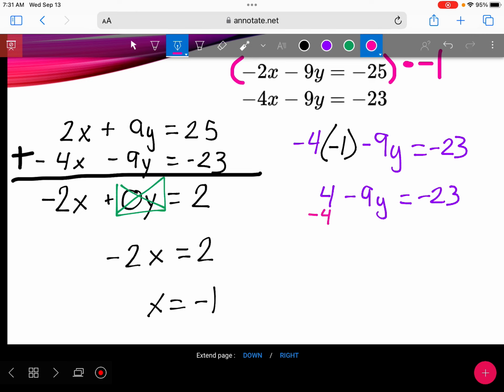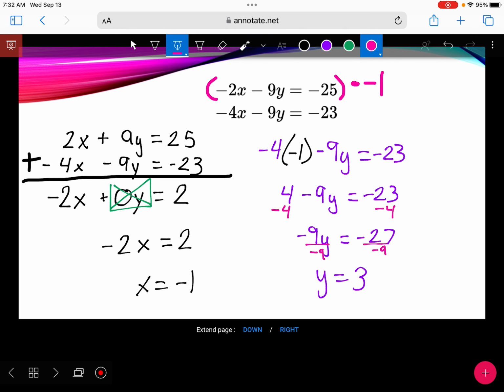That 4 itself is positive, so we minus 4. And we get negative 9y equals negative 27. So what does y equal? 3. y equals 3, because here we're dividing both sides by negative 9. So our solution is the point negative 1, comma 3.